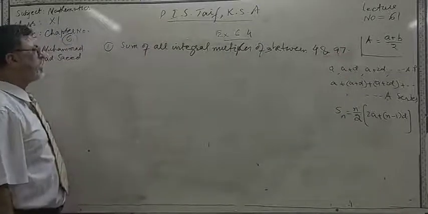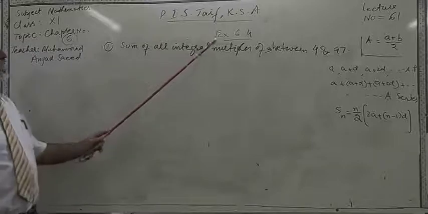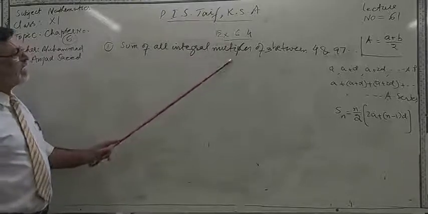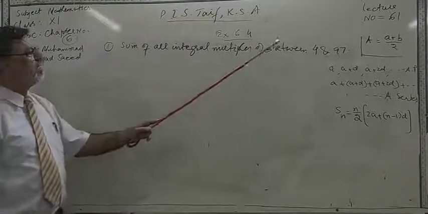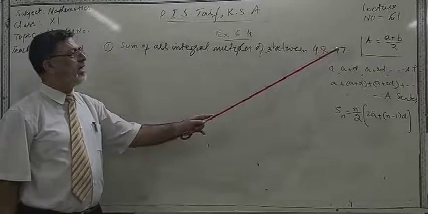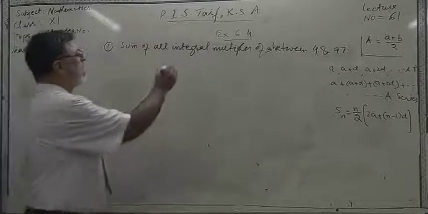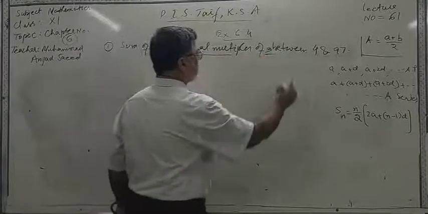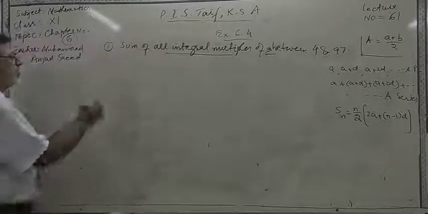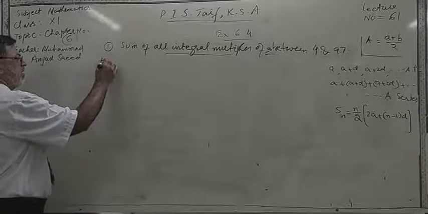So dear students, first of all, you must write down the arithmetic series between 4 and 97, and remember that these are all integral multiples of 3. So what will be the series?